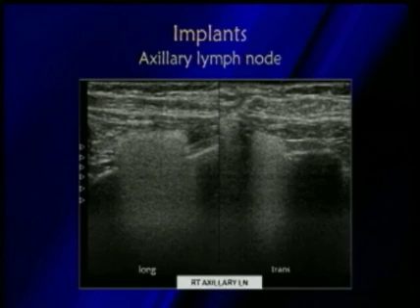Axillary lymph nodes are very important to look at anytime we see disruption of the shell from the capsule. We'll check the axilla. This is a lymph node with silicone extravasation into it, looking at it in a short axis and a long axis view.